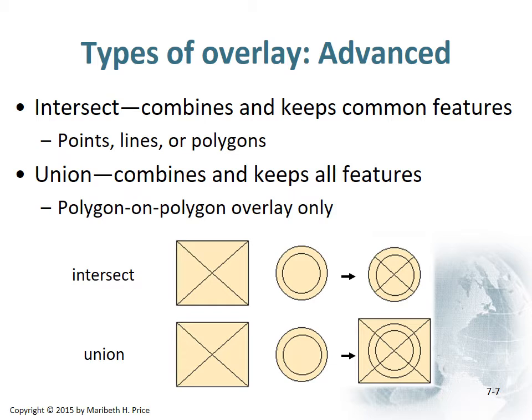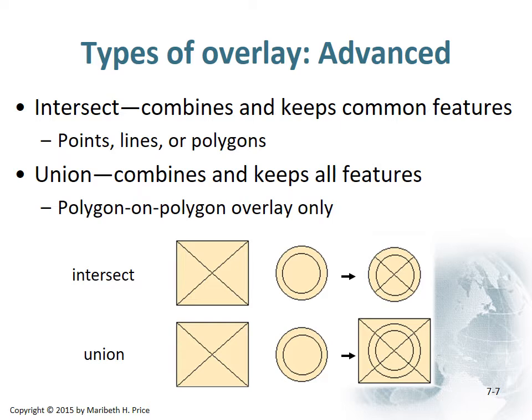So what are the actual functions in ArcGIS that perform overlays? We have intersect and union, intersections and unions. An intersect function will combine and keep all of the common features between the two input data sets. Those can be points, lines, or polygons, and it will keep the lesser of the input types.